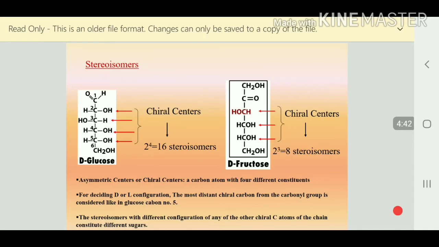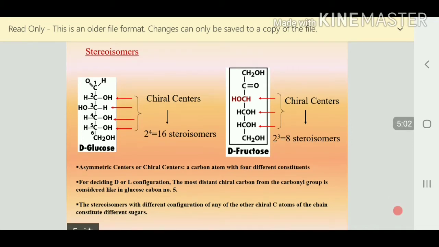Now other stereoisomers are also possible. For example, if you carefully see the structure of glucose, there are 6 carbon atoms. Carbon number 1 is the aldehyde group, and carbon numbers 2 to 6 have hydroxyl groups.